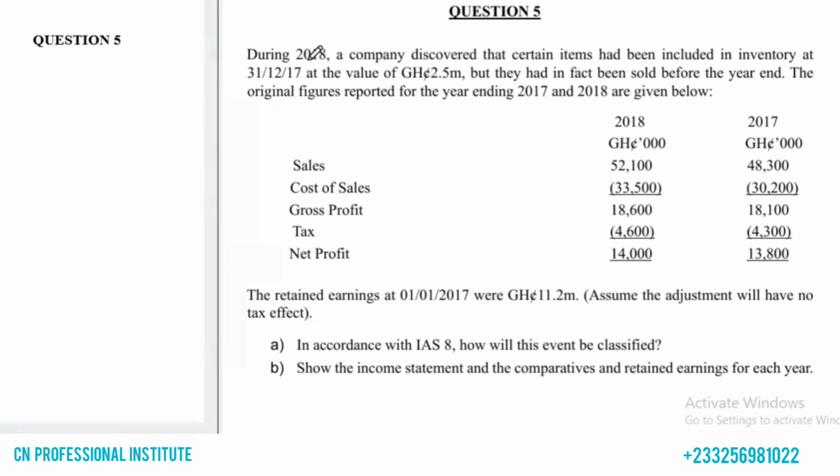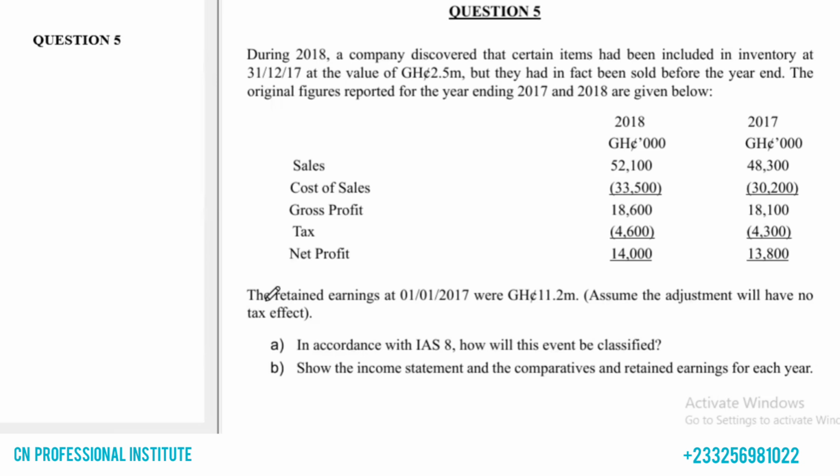Question 5 says, during 2018, a company discovered that certain items had been included in inventory at 31st December 2017 at the value of 2.5 million, but they had in fact been sold before the year end. The original figures reported for the year ending 2017 and 2018 are given below. So we have sales, cost of sales, gross profit, tax, and net profit.